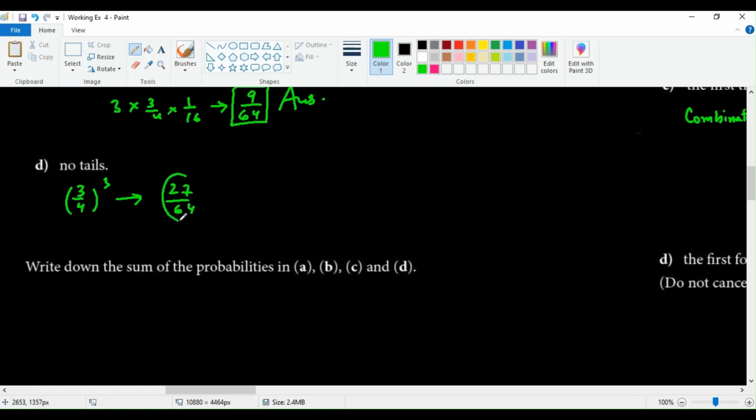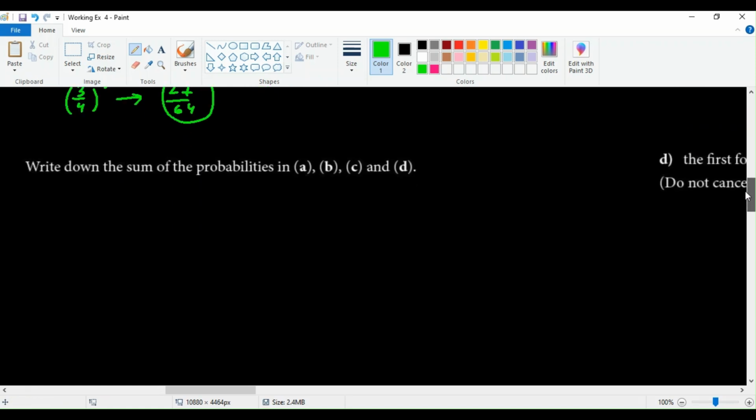Now, once we add all these possibilities, what we know is 1 over 64 plus 27 over 64, third is 9 over 64, next is 27 over 64 once again. Once we add them up, we get 64 over 64, which is going to give us 1, which is the one possibility we are talking about.